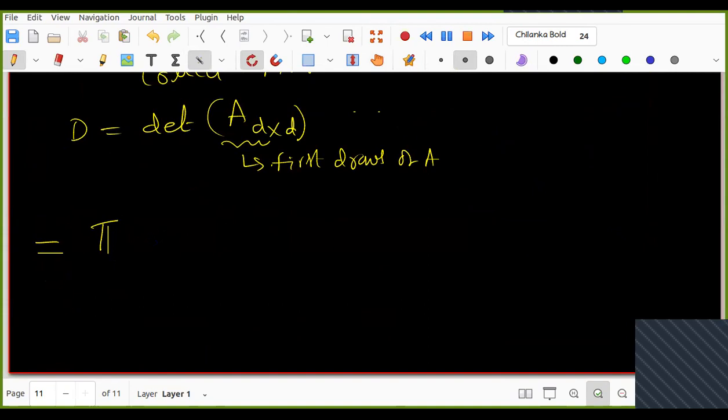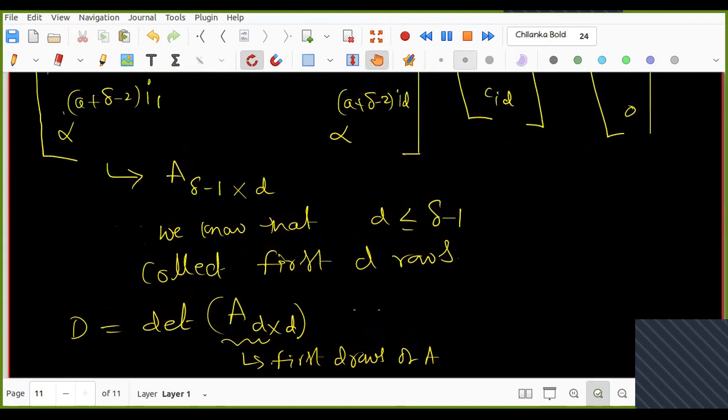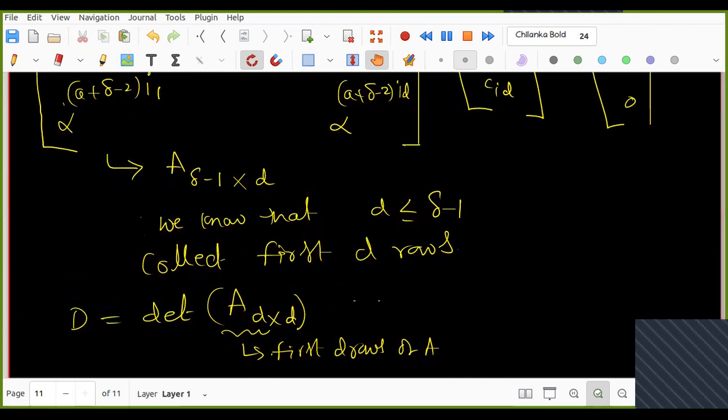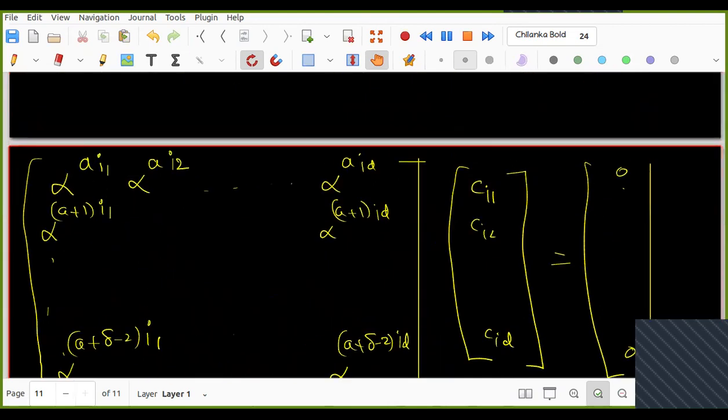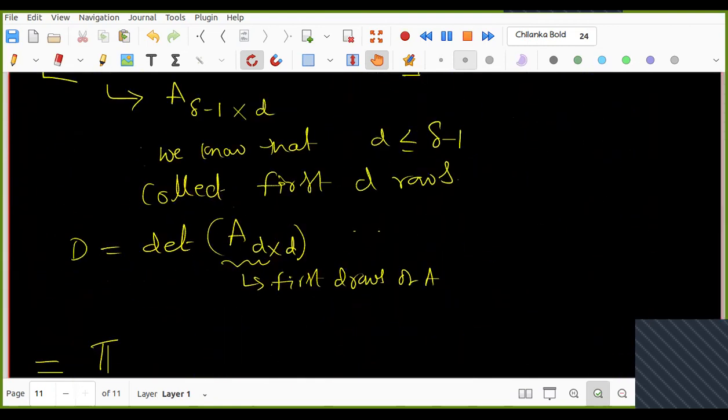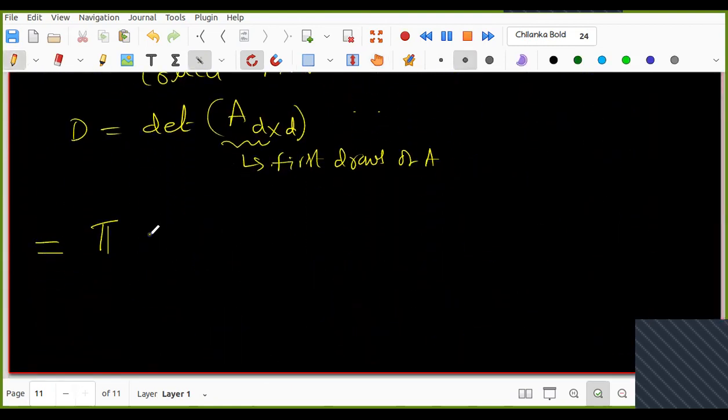Hello, am I audible? Okay. Yes, sir. From the first row, what I can get? Take outside alpha power A I1. Very good. So alpha power A I1.